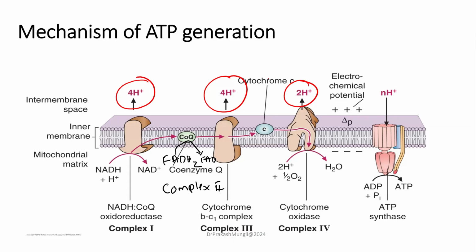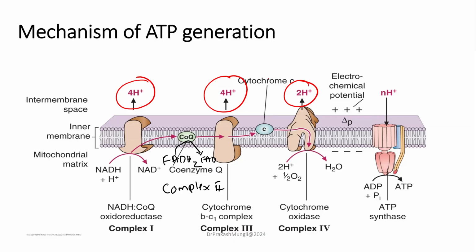As you see, electrons flow from complex 1 to coenzyme Q, from coenzyme Q to complex 3, complex 3 to cytochrome C to complex 4, and then finally to oxygen, from negative redox potential to positive redox potential.